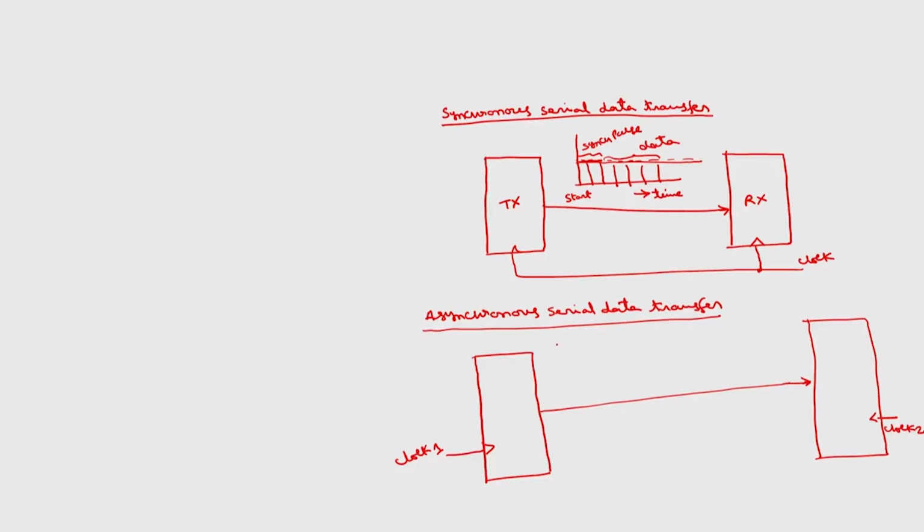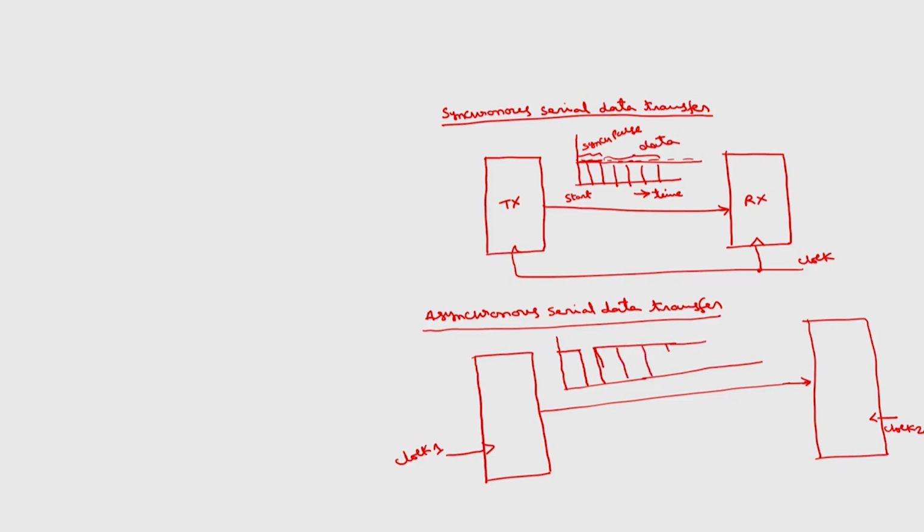If I take this frame structure, a frame is nothing but transmission of one complete byte. This is mark and we have one space, then we have data bits 1, 2, and so on.